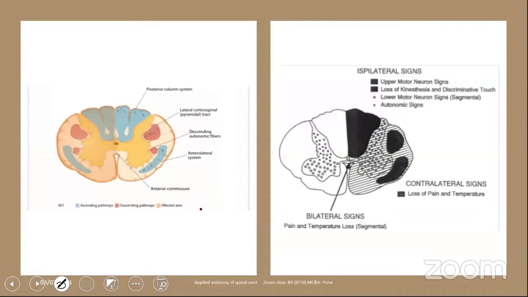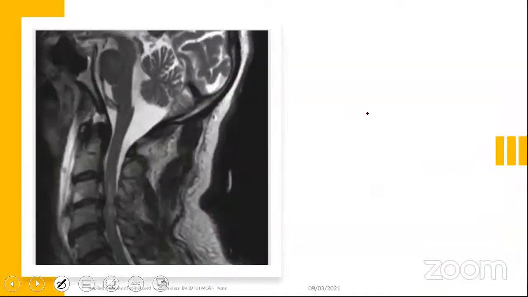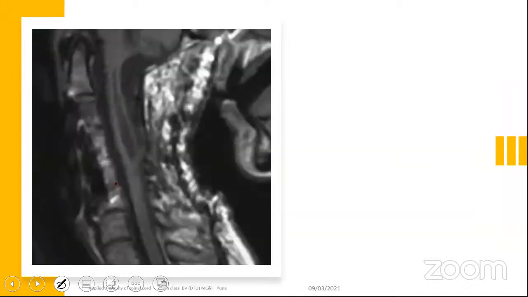And you can see the Brown-Sequard syndrome, where you have problems, as I said, ipsilateral spinal tract features, posterior features, laminations, and you can see the spinal cord showing a cervical spondylotic myelopathy. And you can see the syringomyelia, which is seen in the MRI of this.